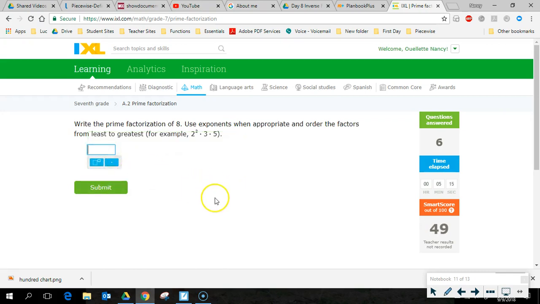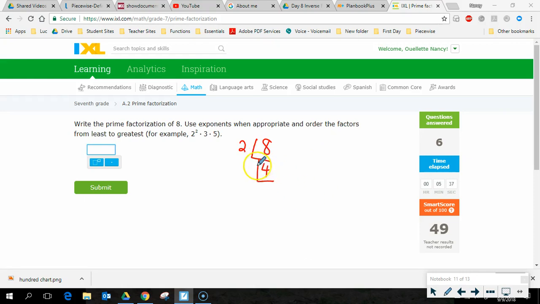All right, prime factorization of 8. This one might be a good one. Let's try this one. Okay, so let's write our 8 and then our division symbol. It's an even number. Lowest prime number that will divide into it is 2. And 2 divides into 8 4 times. 4 is not prime, so I'm not ready to stop yet.